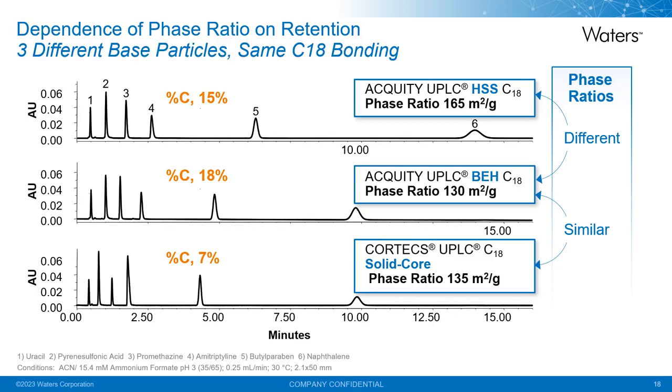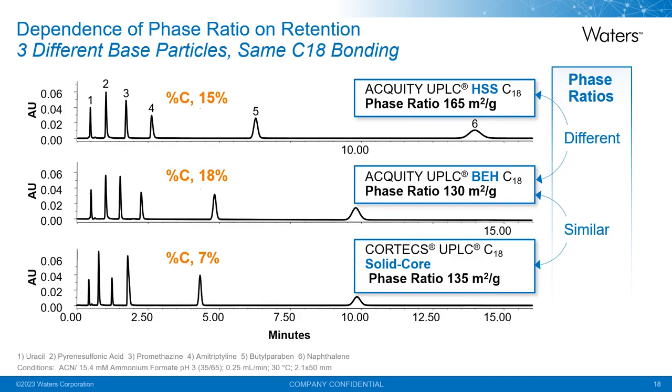Here we see an example of how phase ratio actually drives retention. There are 3 different base particles, all packed with the same C18 ligand bonding and all having the same end capping. We see in this example that the higher phase ratio HSS particle has more retention, where the BEH 130 angstrom and the Cortex 90 angstrom have similar phase ratios and similar retention.